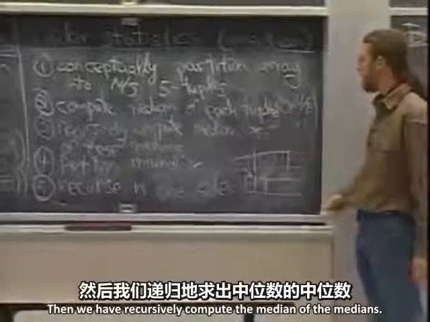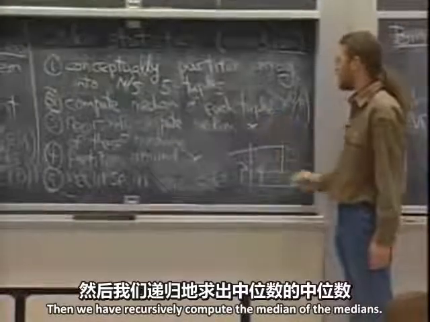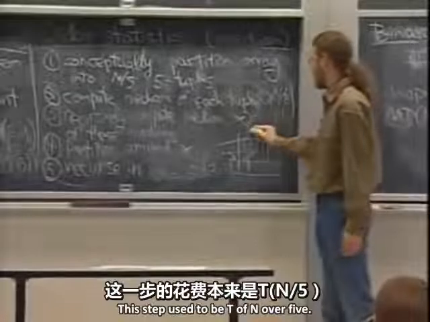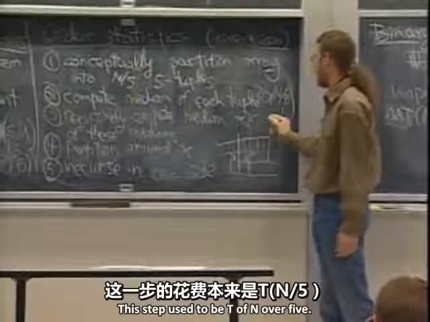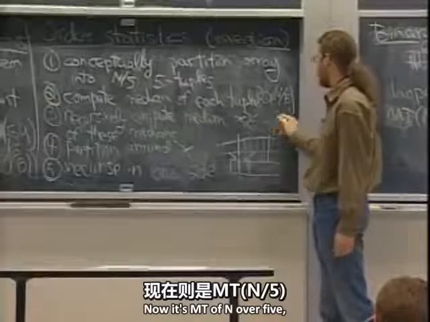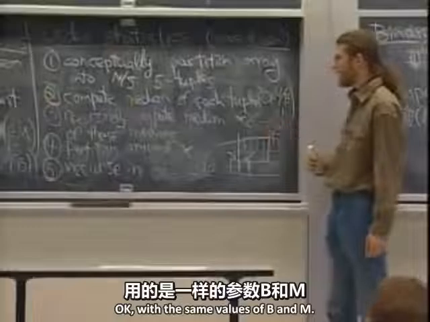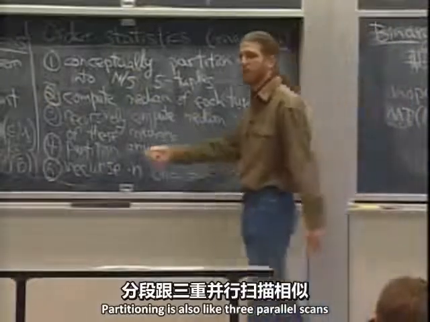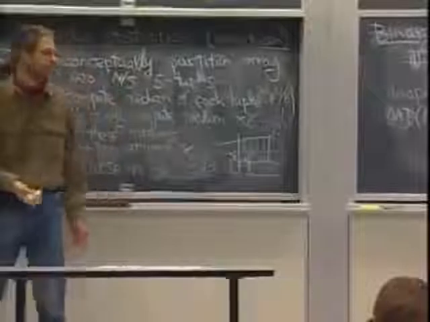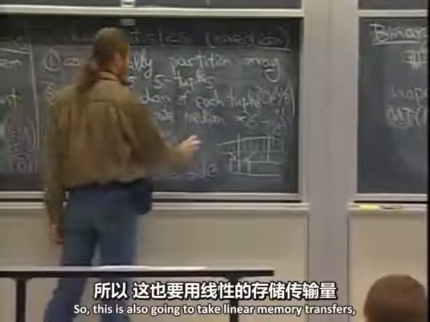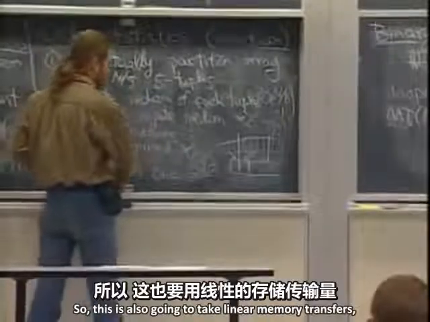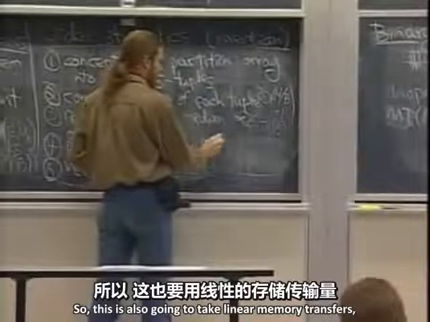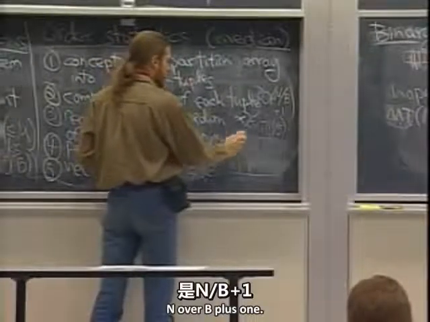Okay, then we recursively compute the median of the medians. This step used to be T of n over 5, now it's MT of n over 5, with the same values of B and M. Then we partition around x. Partitioning is also like 3 parallel scans, if you work it out. So this is also going to take linear memory transfers, n over B plus 1.